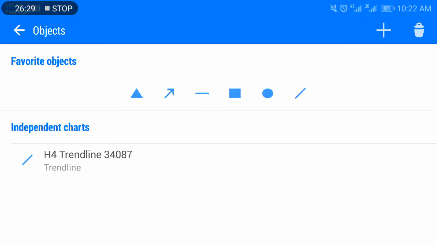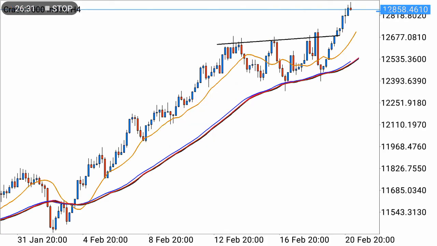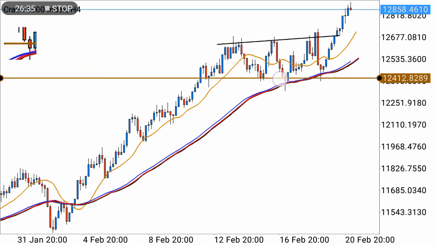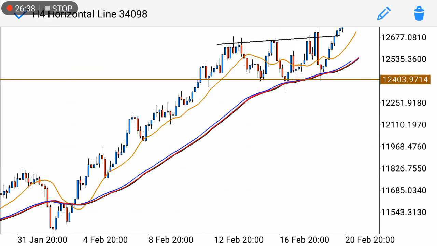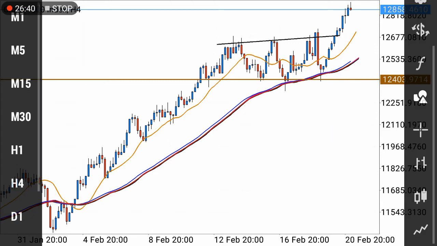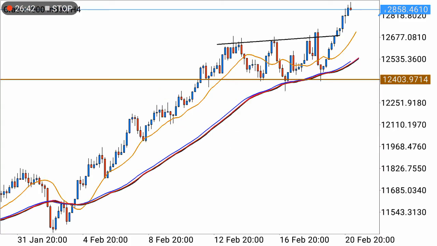Look here, the waves. How do we predict the price? Where will it go? There is no magic. All things are knowledge.